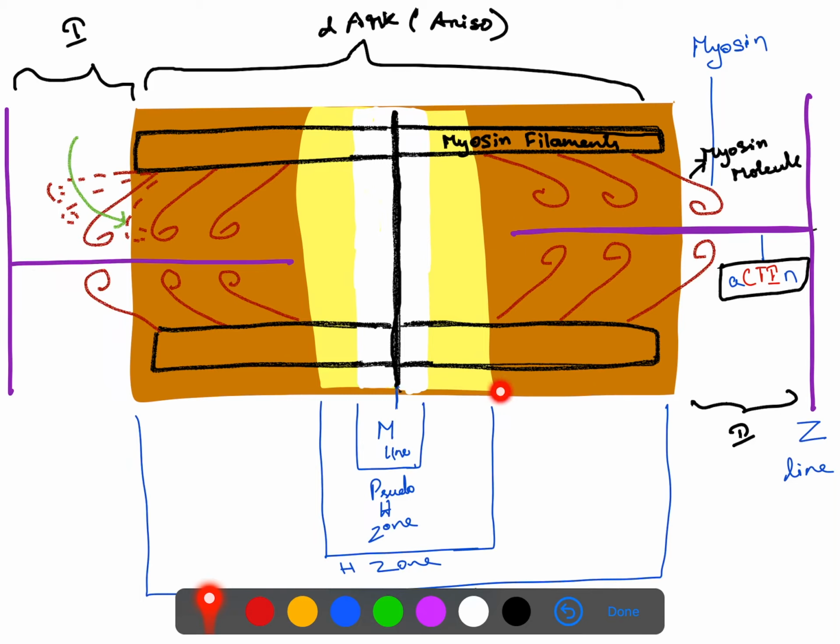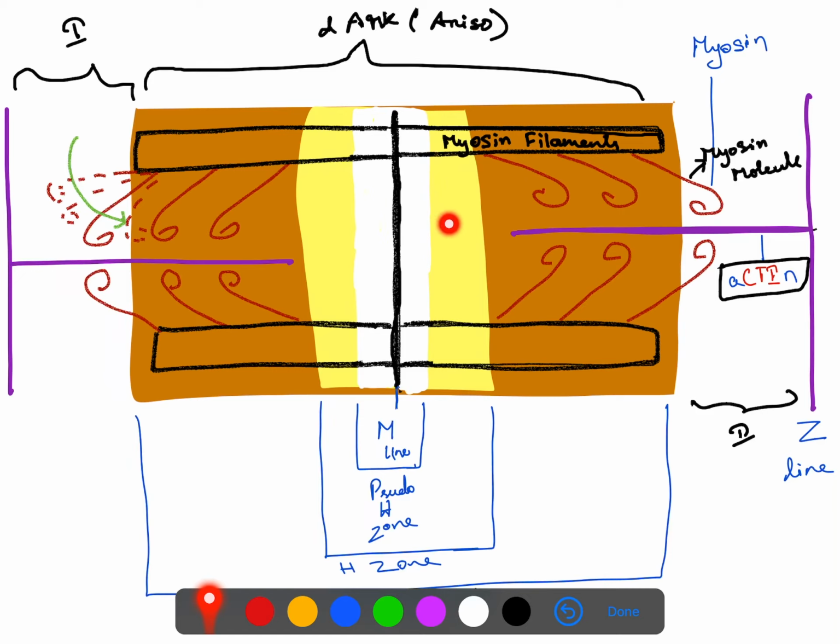This dark area is due to the presence of myosin. And here there are myosin molecules but the interlink is not formed, and actin myosin crossovers are never formed in this pseudo H zone.